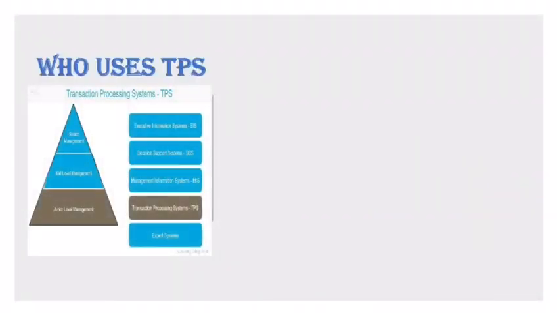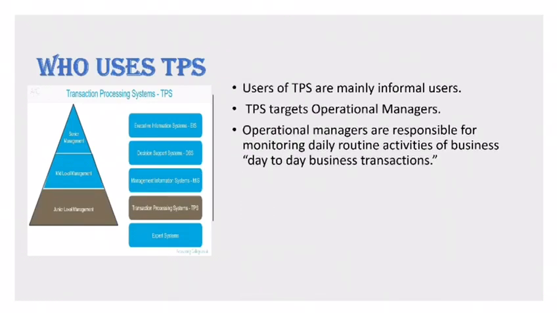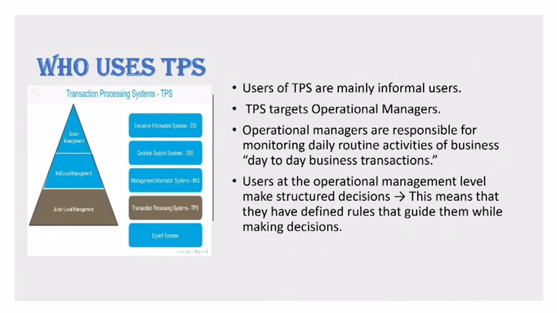We're going to talk about who uses TPS. Users of a TPS are mainly informal users. As we mentioned before, TPS targets operation managers. Operation managers are responsible for monitoring daily activities of business, as we can call it day-to-day business transactions. Users at the operation and management level make structured decisions.